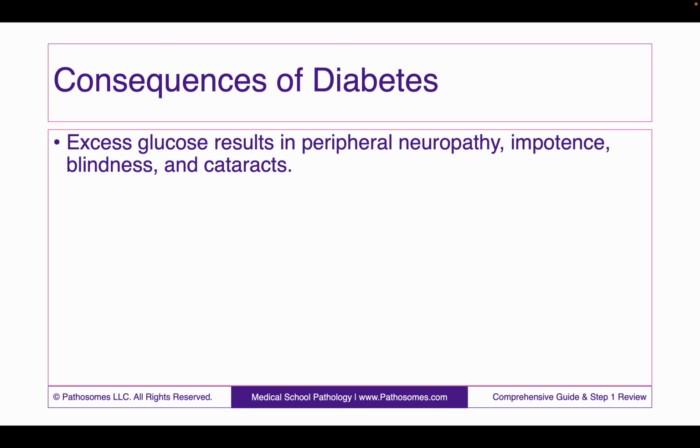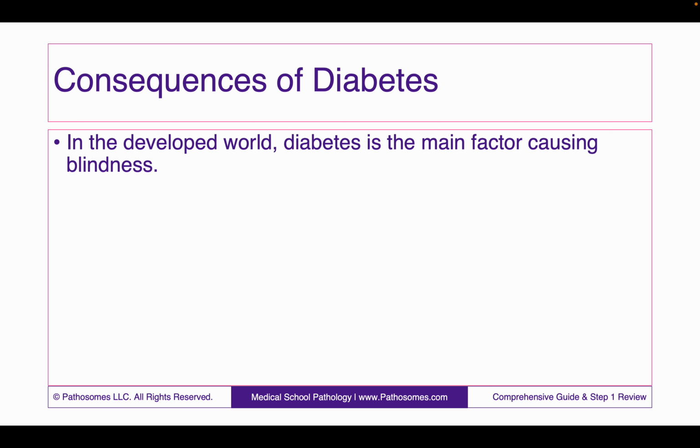Excess glucose results in peripheral neuropathy, impotence, blindness, and cataracts. In fact, in the developed world, diabetes is the main factor causing blindness.